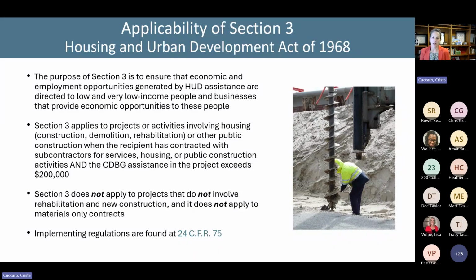And so Section 3, you need to take a look at and figure out whether it applies. Section 3 does not apply to projects that do not involve rehab and new construction, and it does not apply to materials-only contracts. So if we're not doing rehab or new construction, then we don't necessarily need to worry about Section 3. The implementing regulations for Section 3 are found at 24 CFR Part 75.